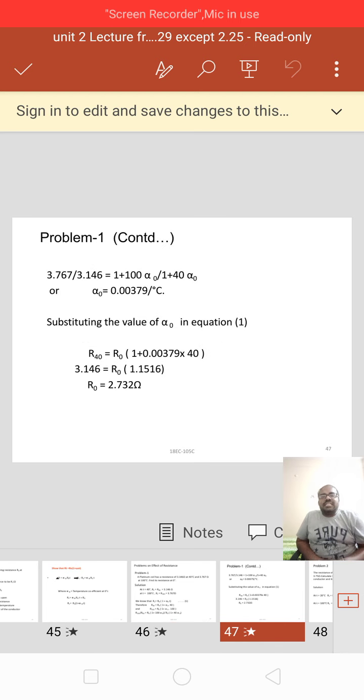By rearranging the terms, we get alpha naught equal to 0.00379 per degrees Celsius. By substituting the value of alpha naught in equation 1, we get R40 equal to R naught into 1 plus 0.00379 into 40. By doing the computation, R naught equal to 2.732 ohms.